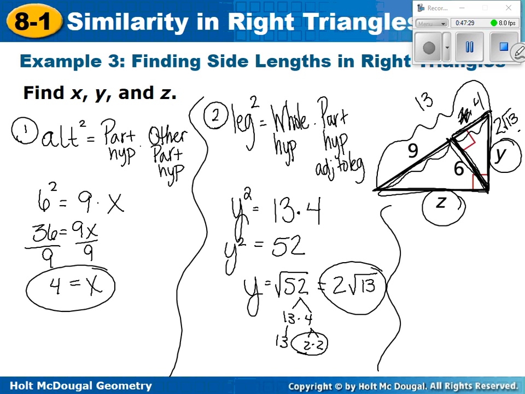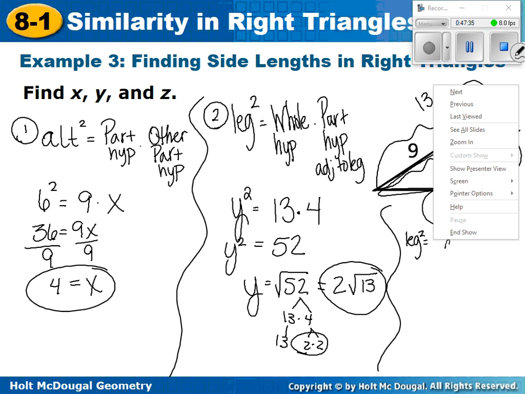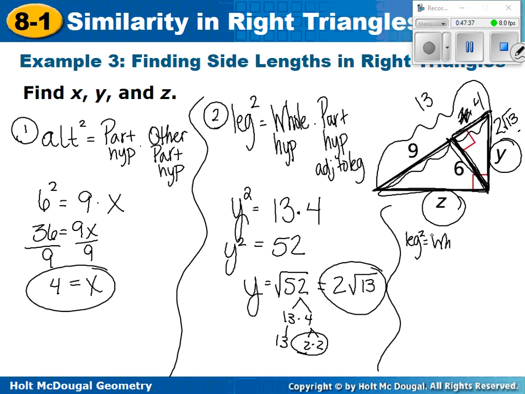So z is a leg, so we're going to use this shortcut. Leg squared equals whole hypotenuse times the part of the hypotenuse adjacent to the leg. So what is my leg again?